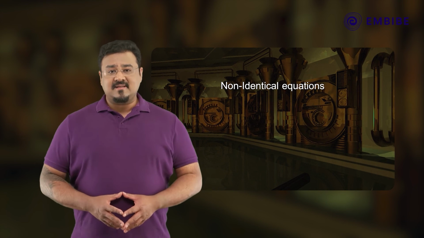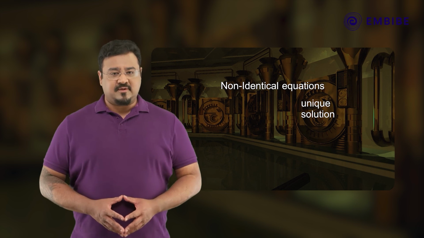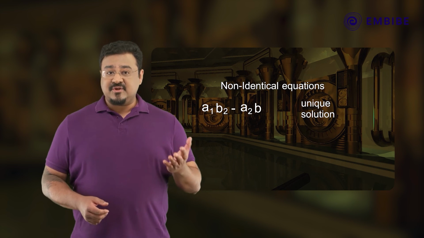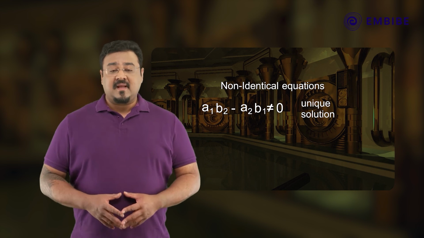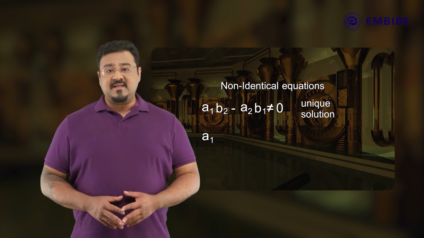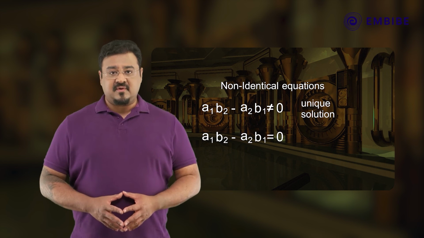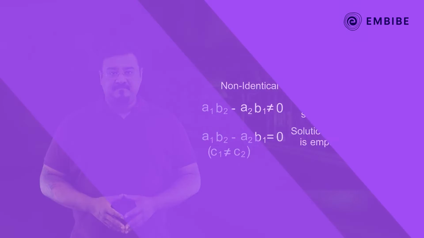Two non-identical equations in R2 have a unique solution if a1b2 - a2b1 is not equal to 0, and in case of a1b2 - a2b1 equal to 0, then the solution set is empty.